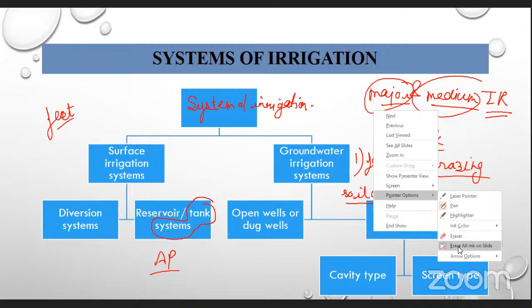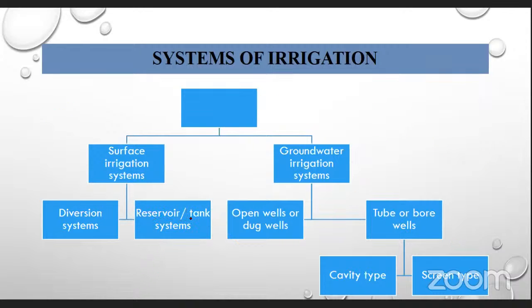Now the third reason, which is very important for the decline of the tank system, is that the farmers gave preference to more stable alternatives. And what are the more suitable alternatives? These are the well systems.